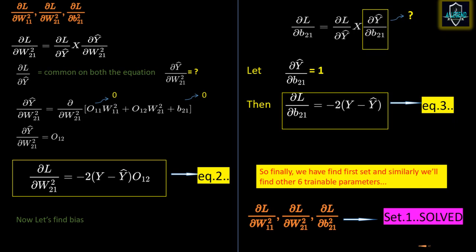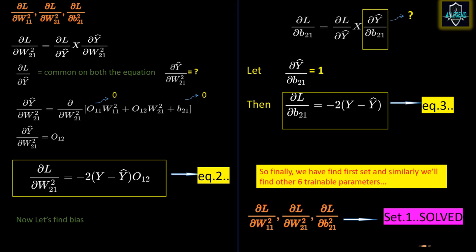That is O12, as W221 is the variable being differentiated. So what we are getting, the second equation, del L over del W2 to 1 is equal to minus 2 multiplied by (y minus y hat) and O12, right? Now we have found the second equation also.